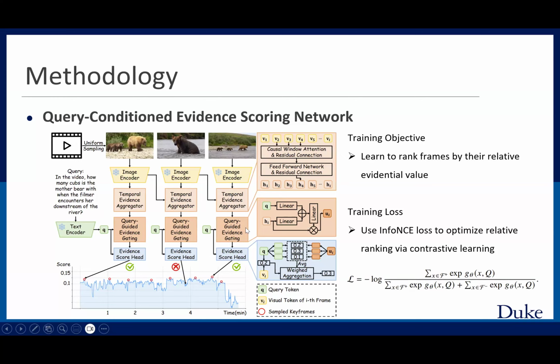The third part is query-guided evidence gating. Essentially, with query information, we can remove irrelevant information and reduce the computation cost. Finally, we have an evidence score head, whose goal is to give out a score for each frame, defining how useful the frame is for answering the specific question.